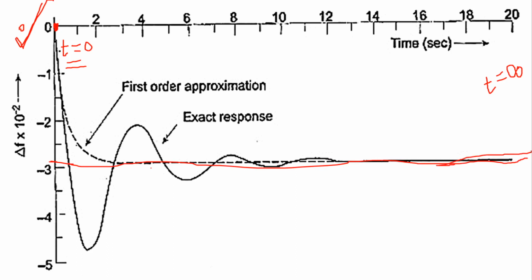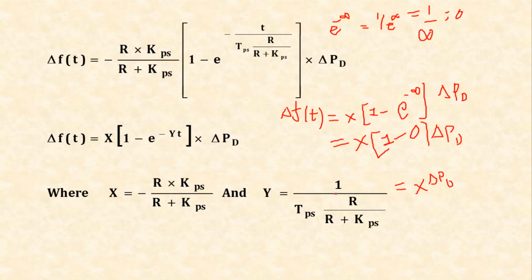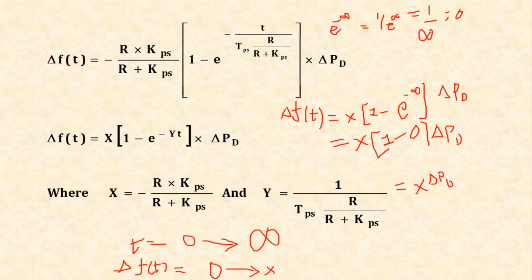So I can say that from t equal to 0 to infinite, the value of delta f of t is equal to 0 to x into delta Pd.